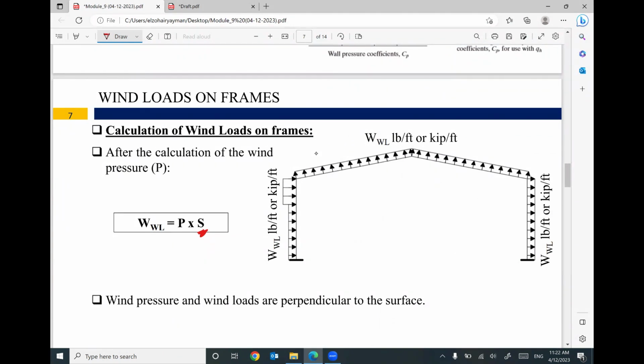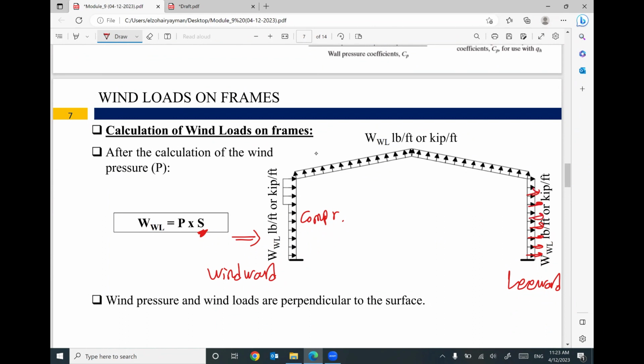And keep in your mind, if this is the windward, we will have uniform distributed load compression. This is the leeward, we will have suction.